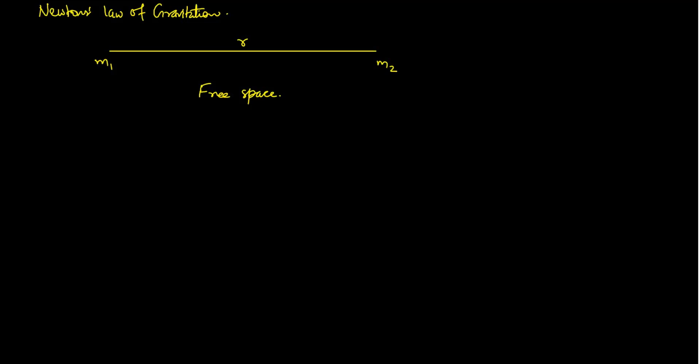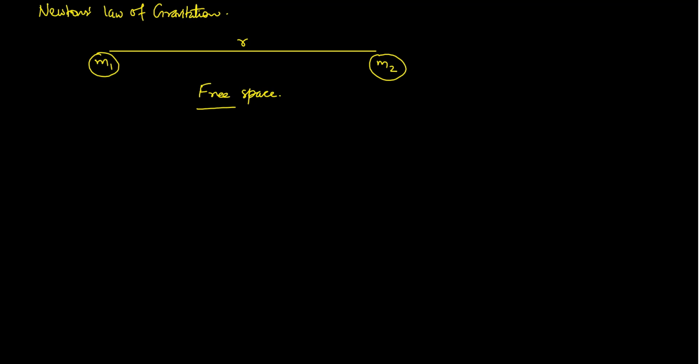Gravitation. Suppose two objects having masses m1 and m2 are present in free space, in vacuum, in this universe, and the distance between them is r.